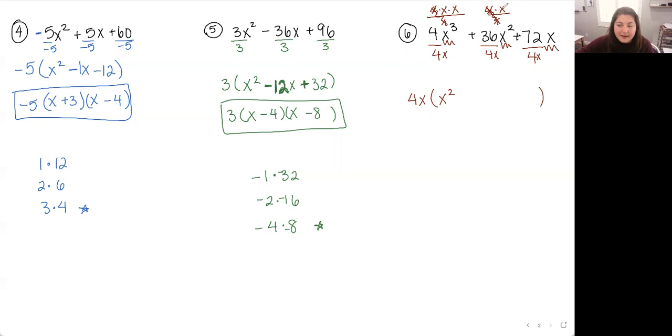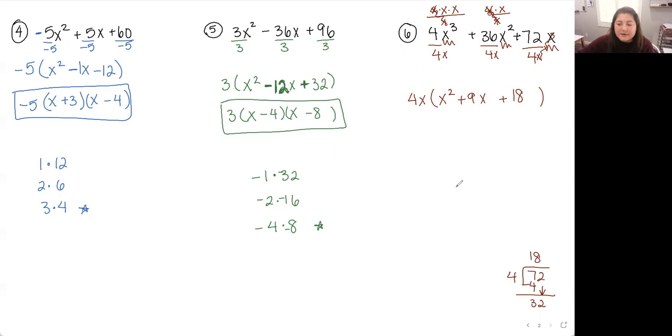These guys will cancel out. I'll be left with one of the x's. And then 36 divided by 4 is going to be 9. So I'm going to do plus 9x. And then in here, I'm going to do x divided by x. So these guys will cancel. 4 goes into 72. I'm going to do this math right quick here because I want to make sure I give you the right answers, not the wrong answers, because that would be so sad. Okay, and then I have 18 here.